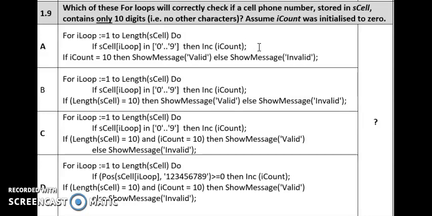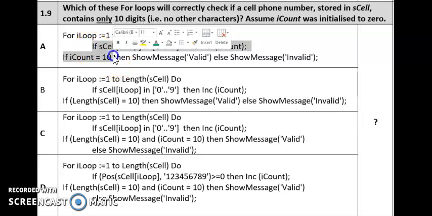It'll check if it's got 10 characters, and if it's got 10 characters, it will show the message valid, and that's standard in all of it. It either shows valid or invalid just by using a show message, so we don't have to worry about that. So the immediate temptation is to say, go no further, do not pass go, do not collect 200 Rand, you've got a winner here.